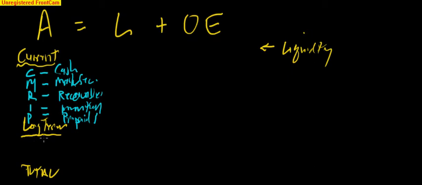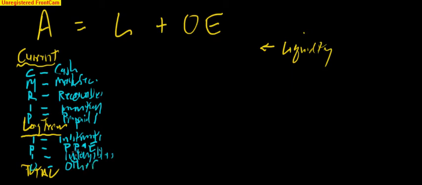Long-term assets are IPIO. It's investments, long-term investments. P stands for property, plant, and equipment. I stands for intangibles. And O stands for other.